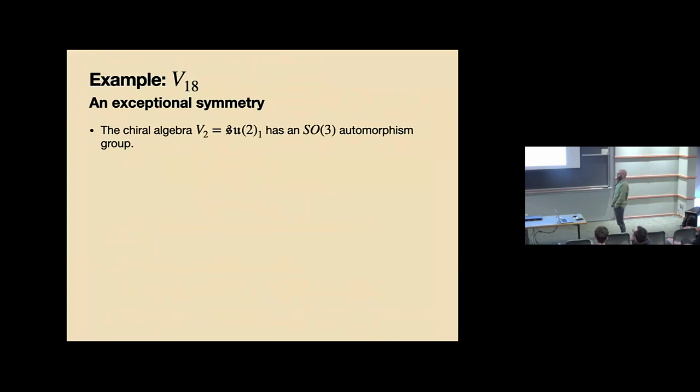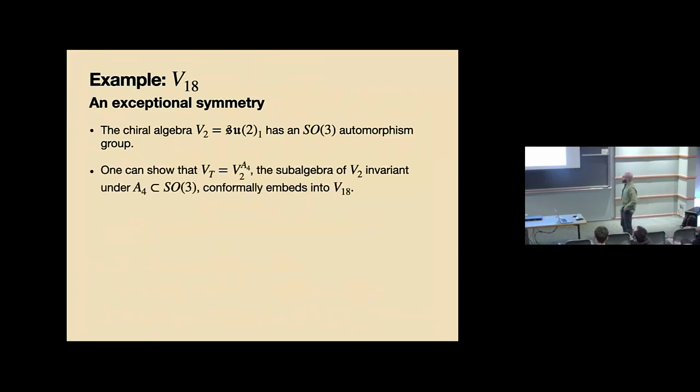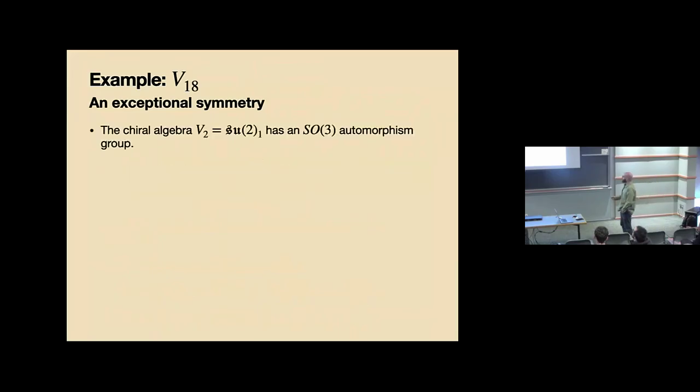Okay, but for small values of m, there are some exceptional conformal subalgebras, and these lead to some exceptional finite symmetries. For example, let's consider U(1) level 18, which supports a particular chiral boson theory on its boundary. Let me construct a kind of funny subalgebra for you. You can take SU(2) level 1.